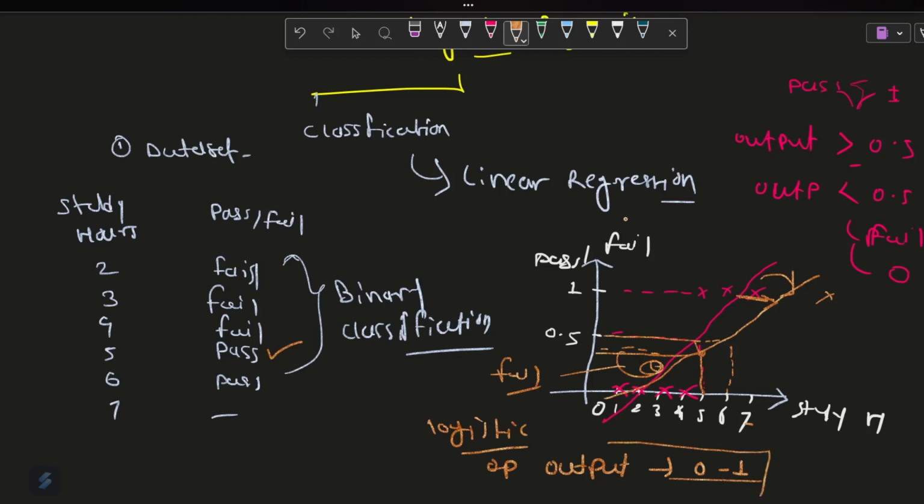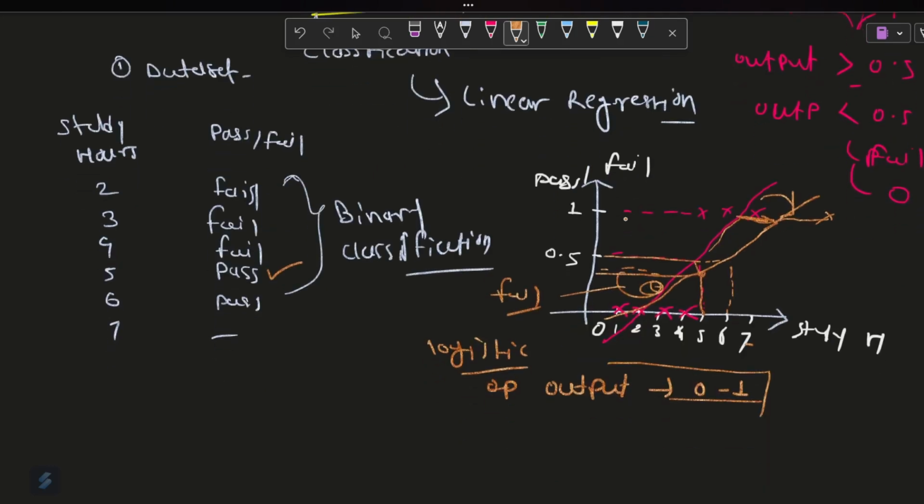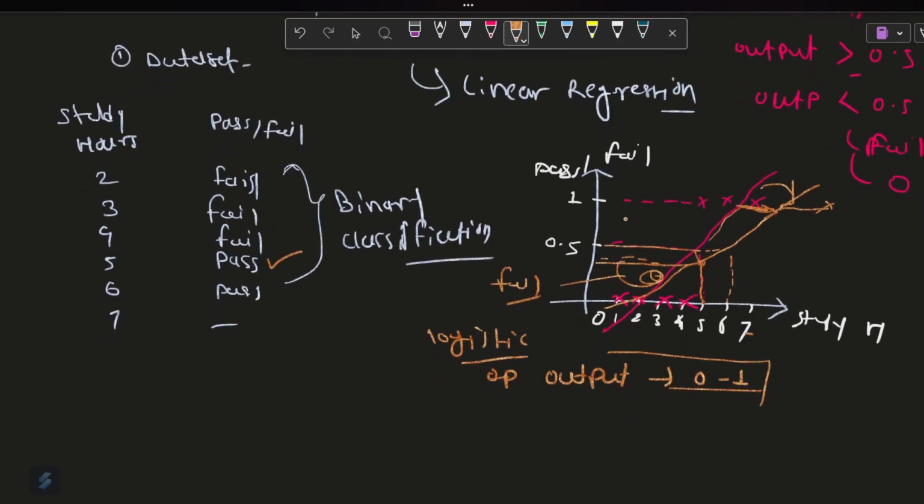For that reason, we apply an equation function that helps us skew the line. The line comes here, and at that particular point it is skewed toward the outlier. That is logistic regression, and that's why we do not use linear regression, basically for skewing the best fit line.